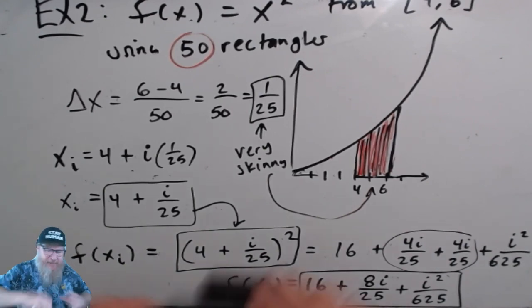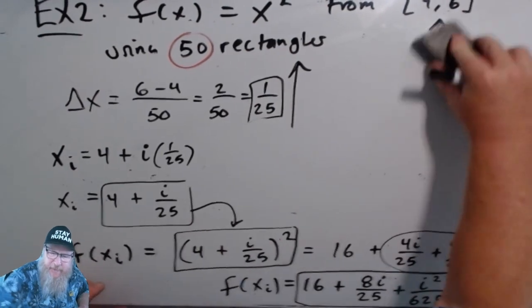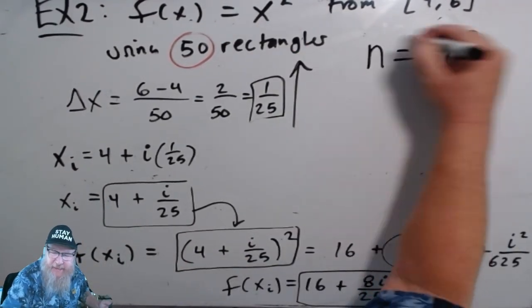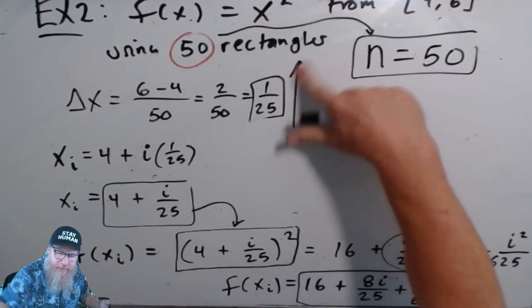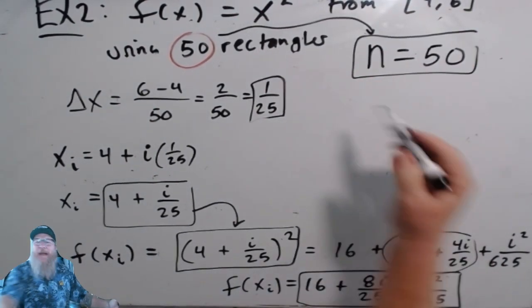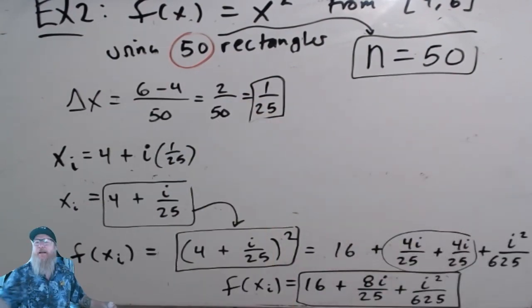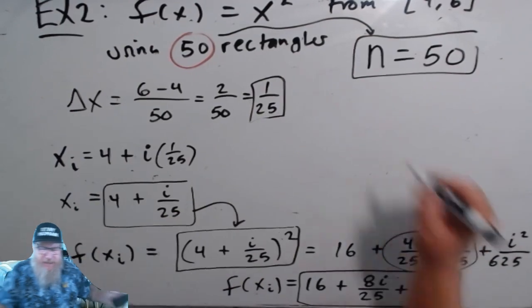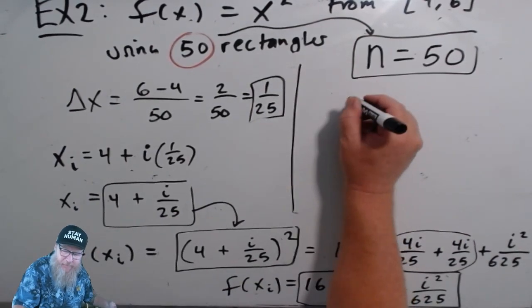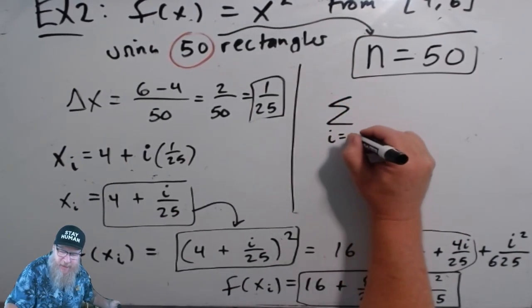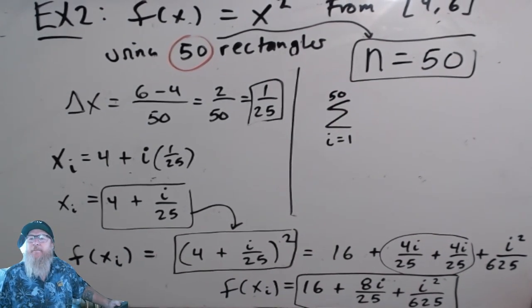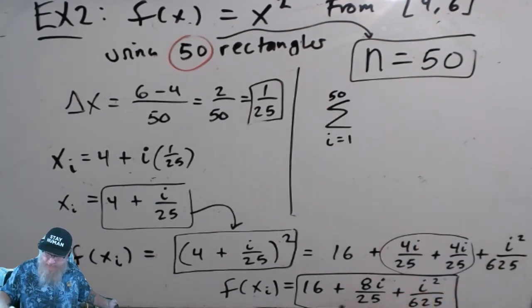All right. And then n is, no, not 20, sorry. N is 50. That's the number of rectangles. We had that at the very beginning. I don't always wait, but I did this time. So when I do my sum, it's the sum from 1 to 50 of f of xi.